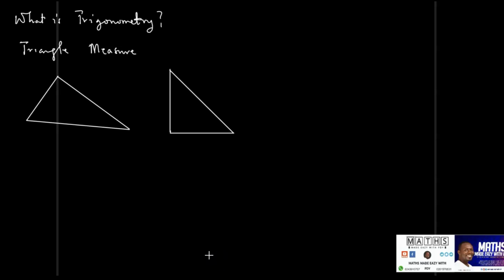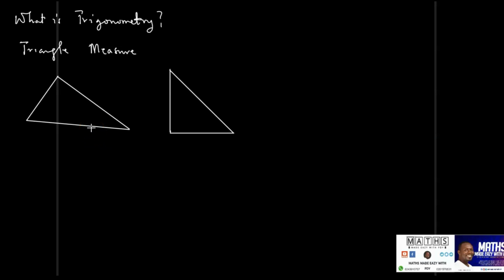A triangle, sir, is a shape with... I'm listening, please. Who is talking for now? Abigail. Yes, so what are you saying a triangle is? A triangle is a shape with three vertices and three edges.